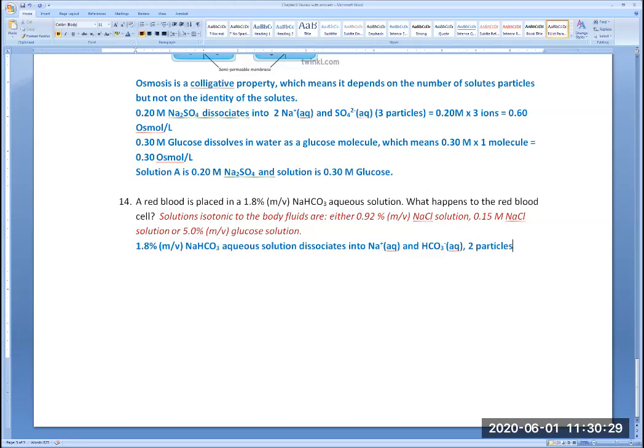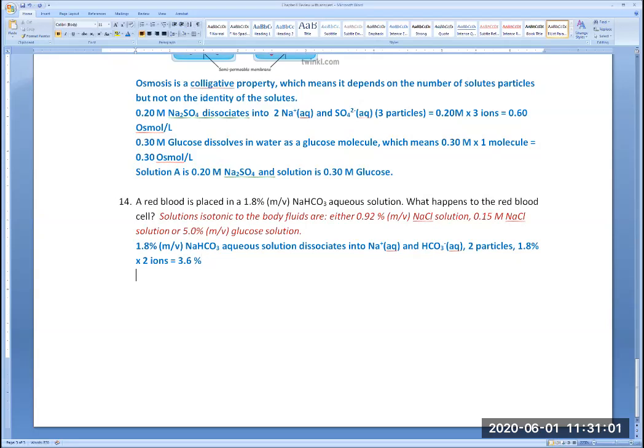So that means 1.8% here times 2 particles or 2 ions equals 1.8 times 2, 3.6%. So it's like a 3.6% as far as number of solute particles, right?